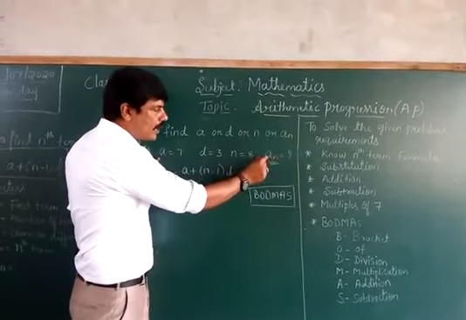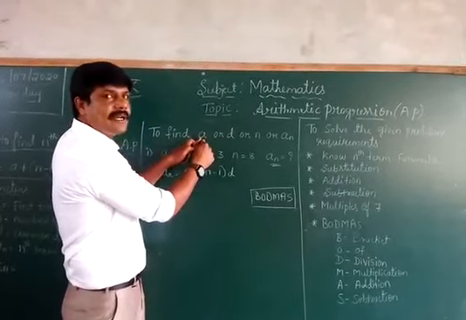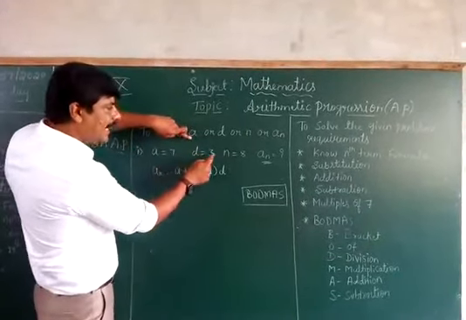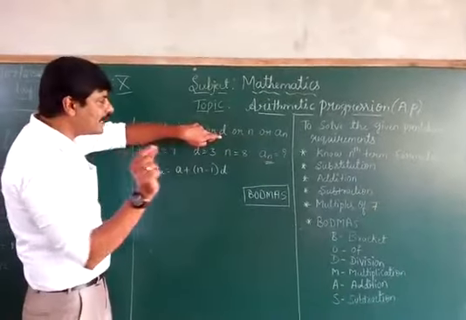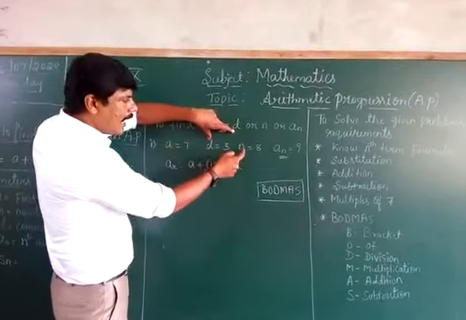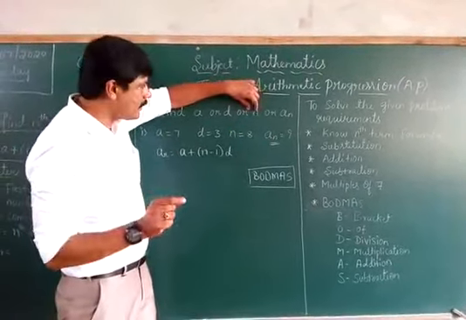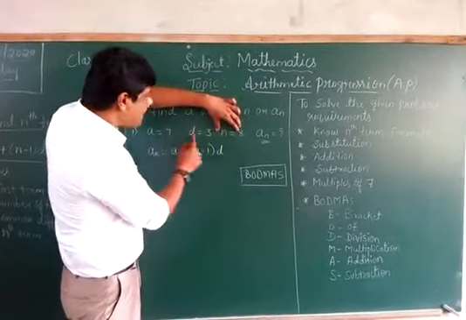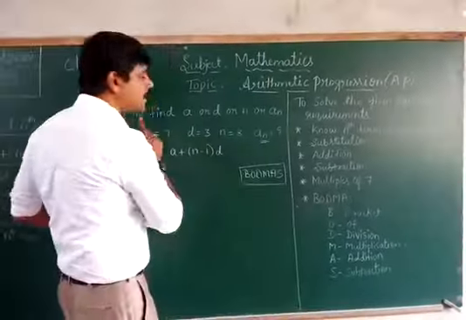If you want to find A, then we should know D, N and An. If you want to find D, then we should know A, N and An. If you want to know N, then leaving N, the other parameters we should know. Or if you want to know An, leaving An, the rest of the parameters we should know.